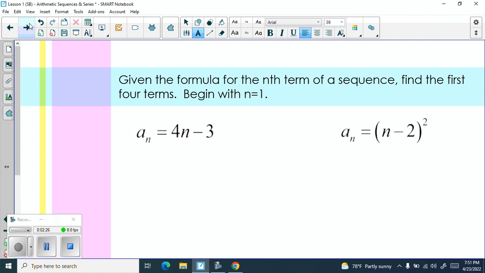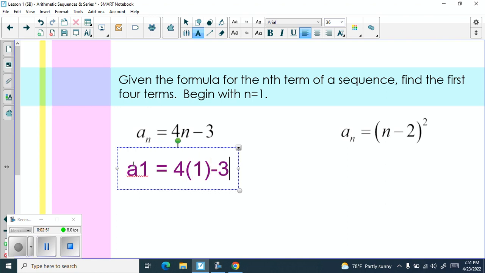So now we're given a formula for the nth term of a sequence, and we want to find the first 4 terms, beginning with n equals 1. So we're just plugging in and seeing what we get here. So a sub 1, and I'm just going to put it as a1. I know it should be a subscript, but that's okay. We're going to do 4 times 1 minus 3, so 4 minus 3 is 1.